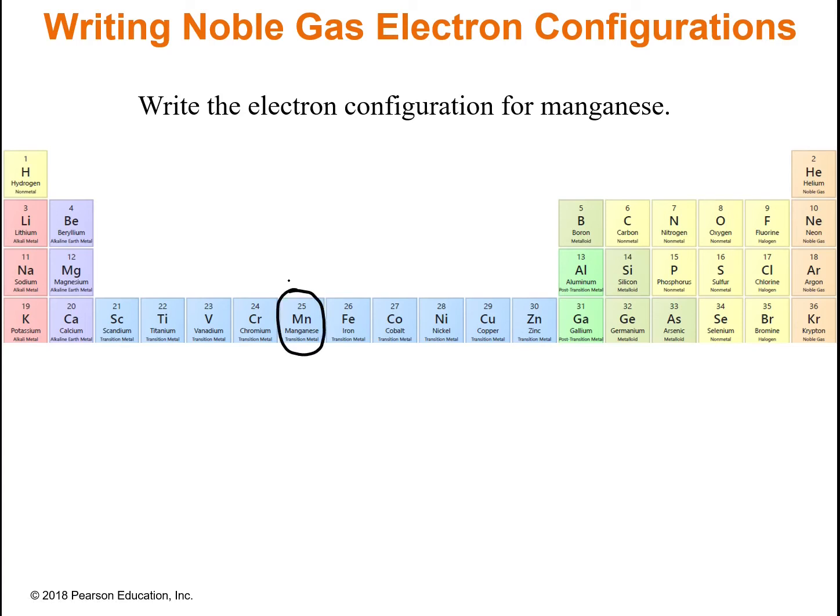So I'll give you a couple of minutes. You don't need to put your answer in the chat because putting an electron configuration in there is not exactly easy. But just make sure you do it in your notes and then I'll go over it. We're going to write out the full configuration and then I'll show you how to write the noble gas configuration.